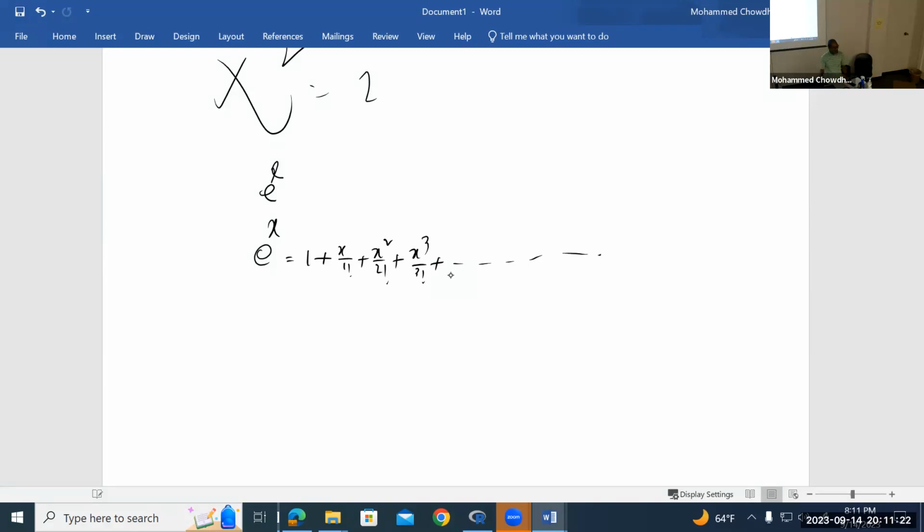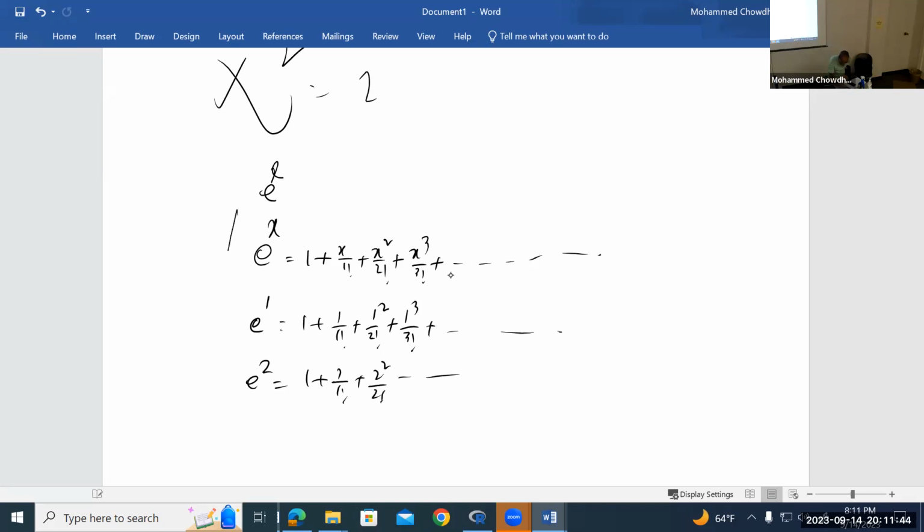If you plug in 1, then it should be 1 plus 1 over factorial 1, plus 1 square over factorial 2, plus 1 cube over factorial 3. If you put in 2, then 1 plus 2 over factorial 1, plus 2 square over factorial 2, like this.